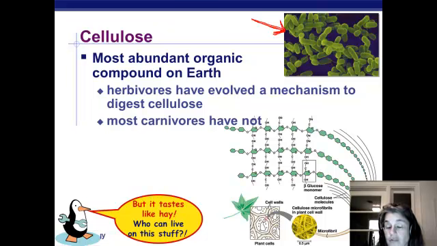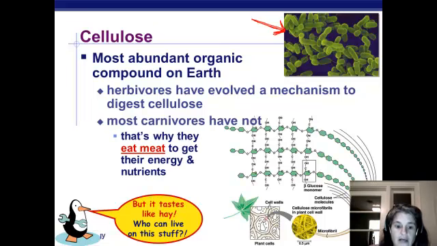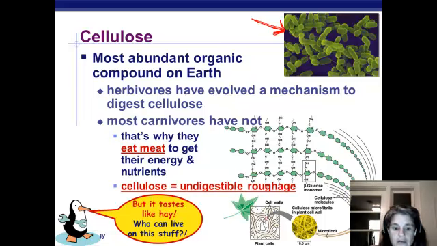Herbivores like cows that are eating grass all the time have to be able to break down that cellulose and get energy out of it. Bacteria in their gut are what allow them to do this. Most carnivores don't have a relationship like this with bacteria, so they eat meat and so on to get much of their energy and nutrients.